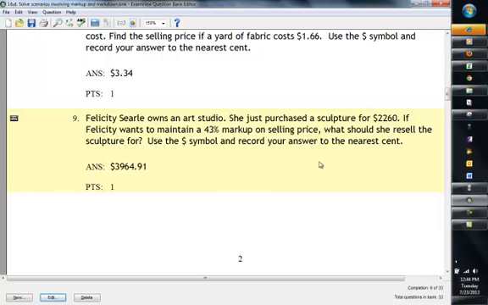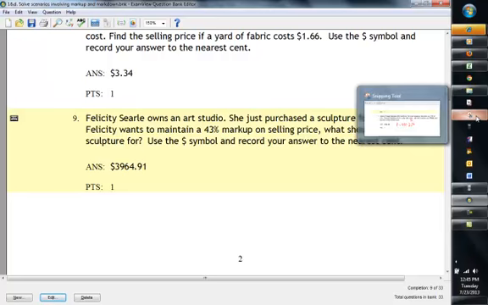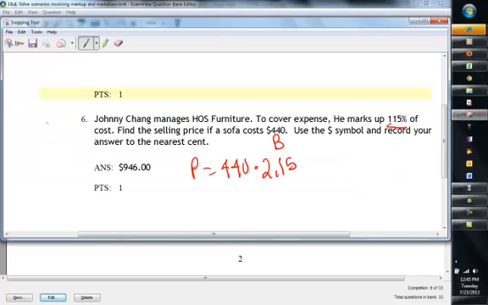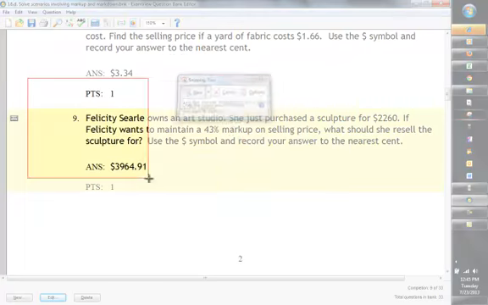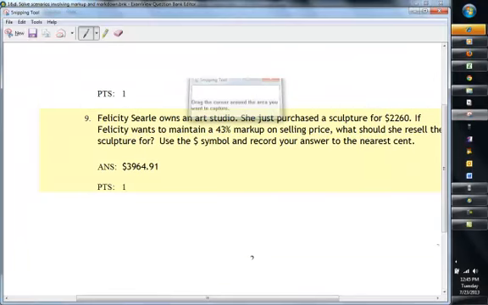Felicity Cyril owns an art studio. She just purchased a sculpture for $2,260. She wants to maintain a 43% markup on selling price. This one's a little bit different. Now we've got the markup is on selling price, so the base is the selling price. $2,260 is the part.